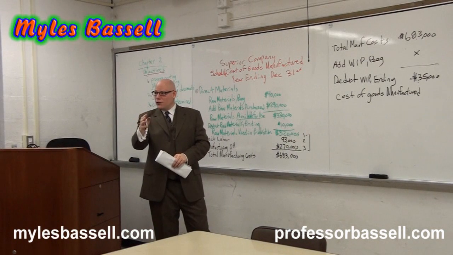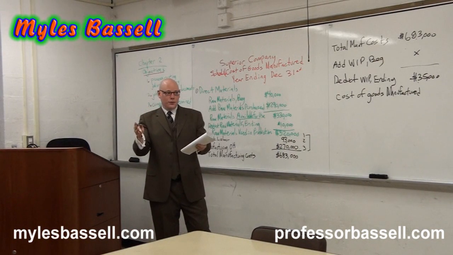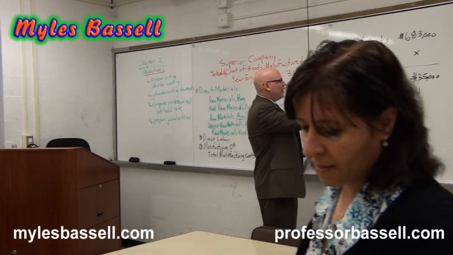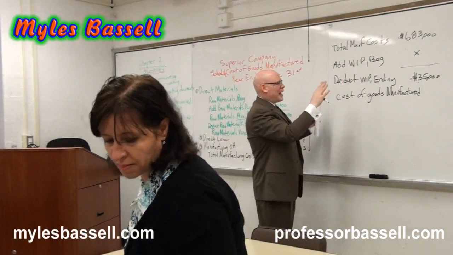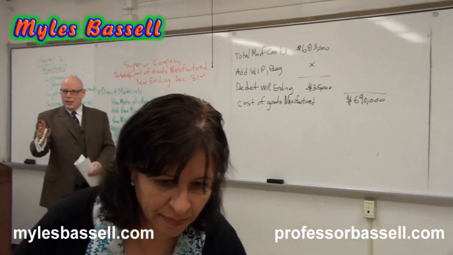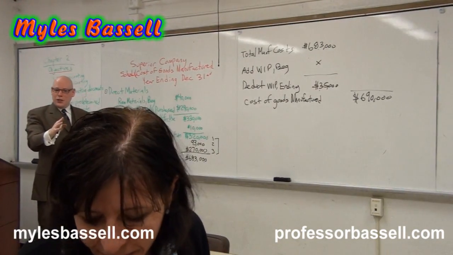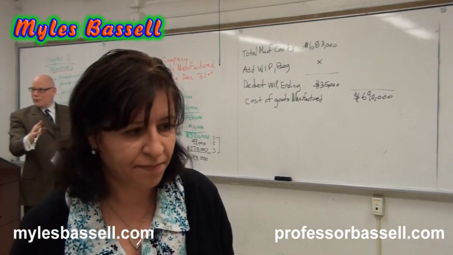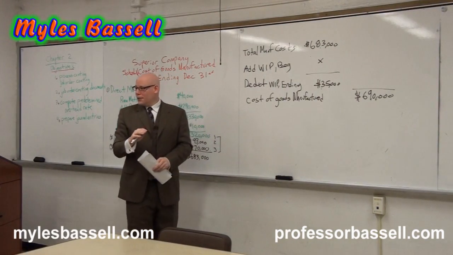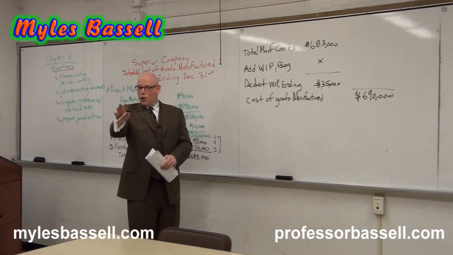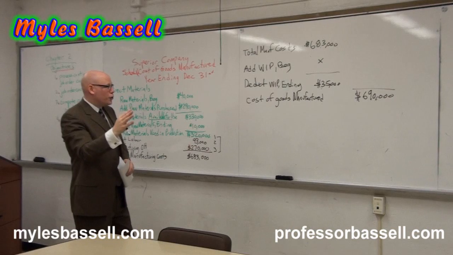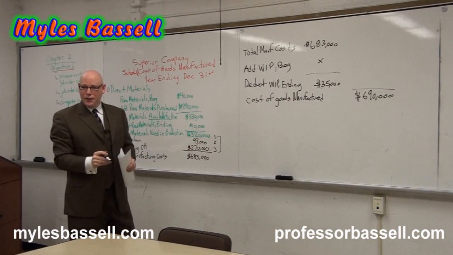But this says, hey, wait a minute. We're not capturing everything here, because some of the materials and some of the labor that we used resulted in partially completed products. Isn't that what Mackenzie is saying? That some of the product that was produced was only partially completed.